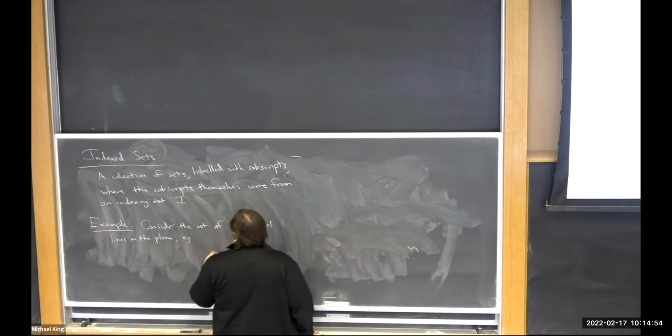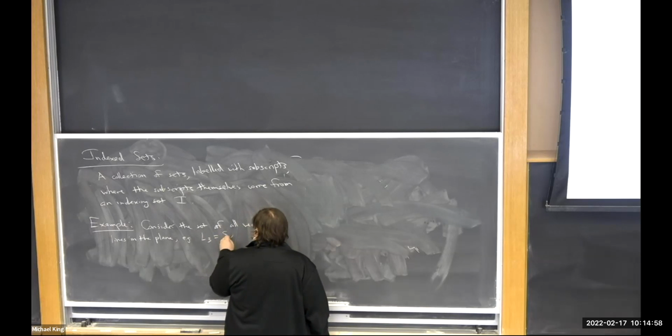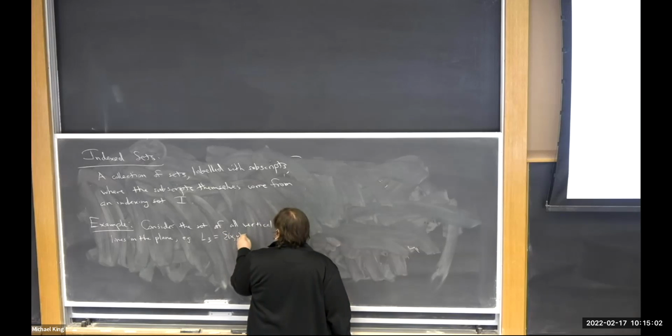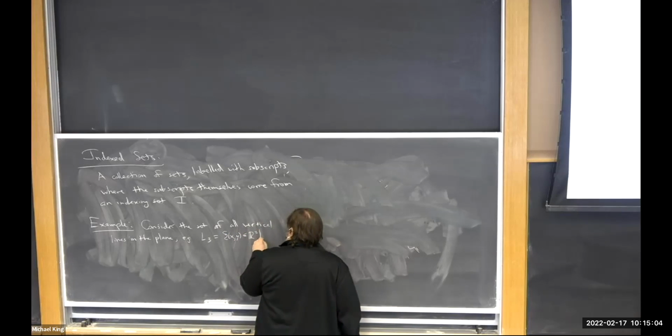If we want to list them all, you'd want to give some sort of index. So L sub 3 is the set of x and y in R2 such that x equals 3.